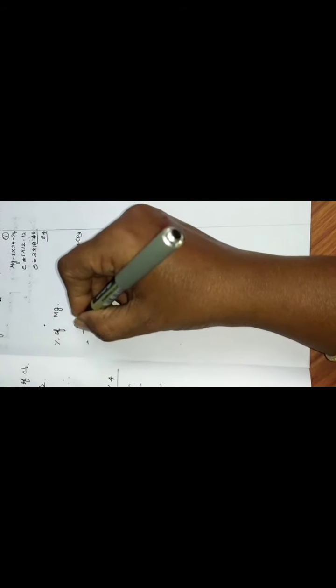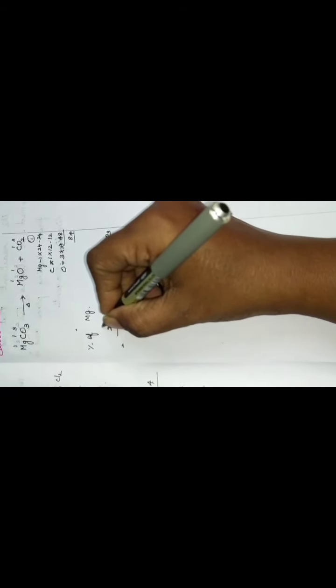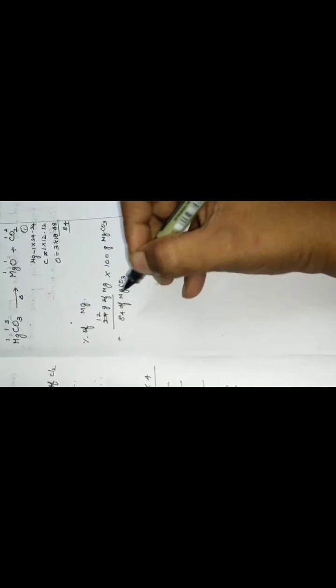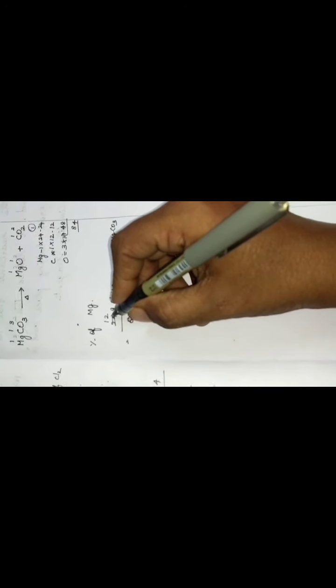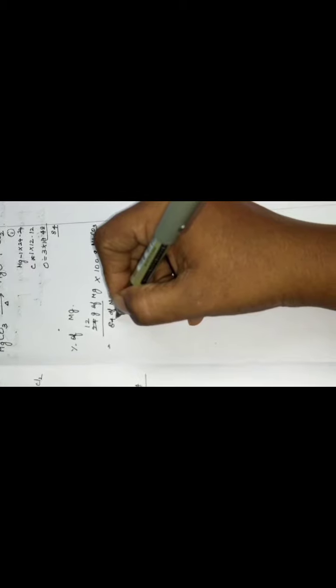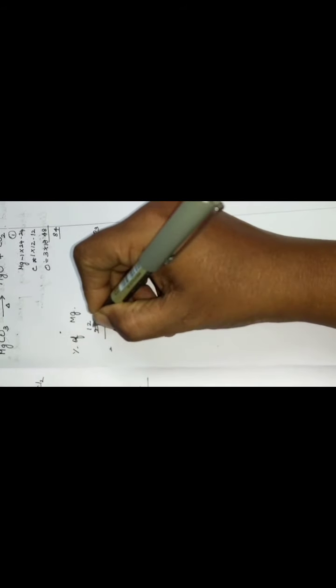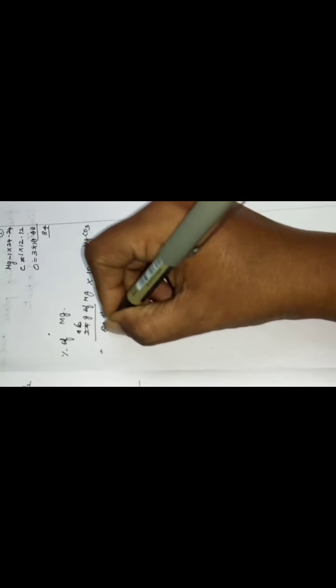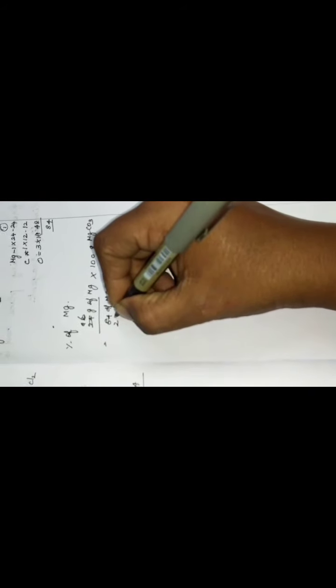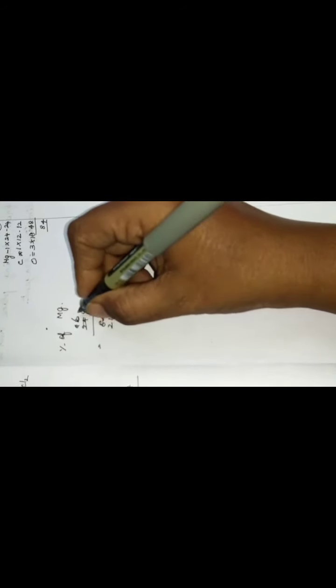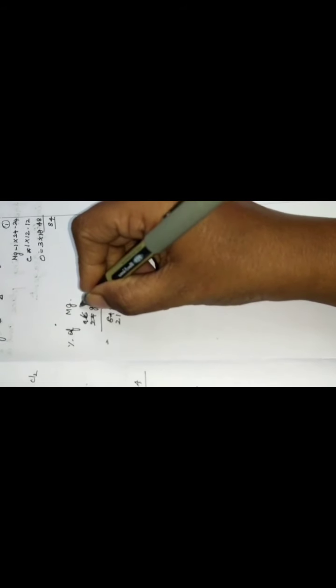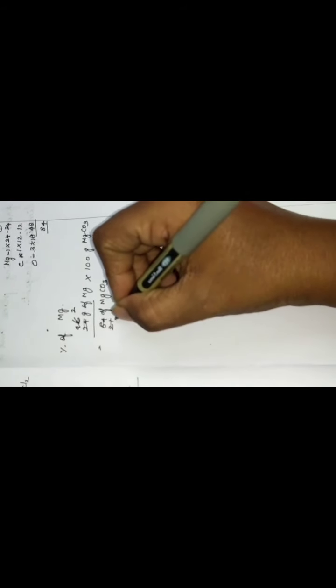Now I have to simplify it. Cancel by the 4 table: 6 times 4 is 24. Here 21, afterwards the 3 table: 2 times 3 is 6, 7 times 3 is 21.